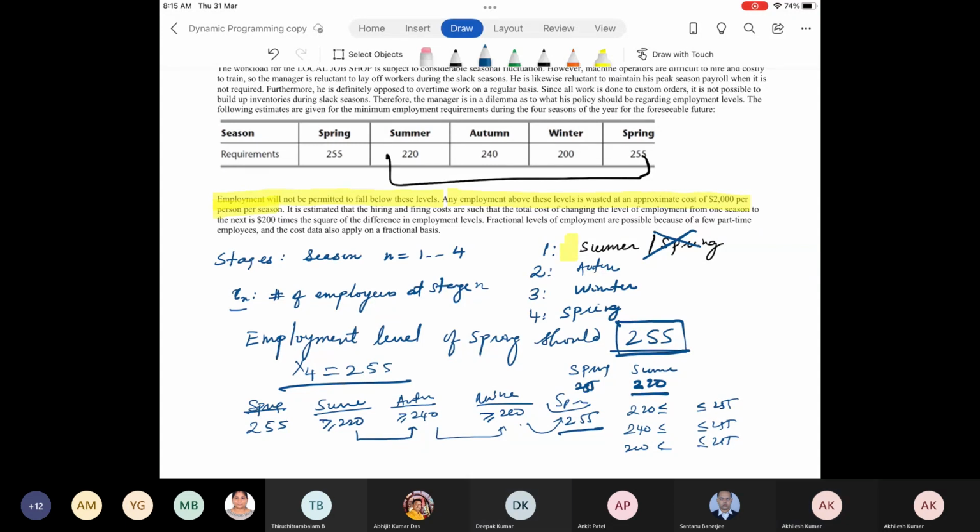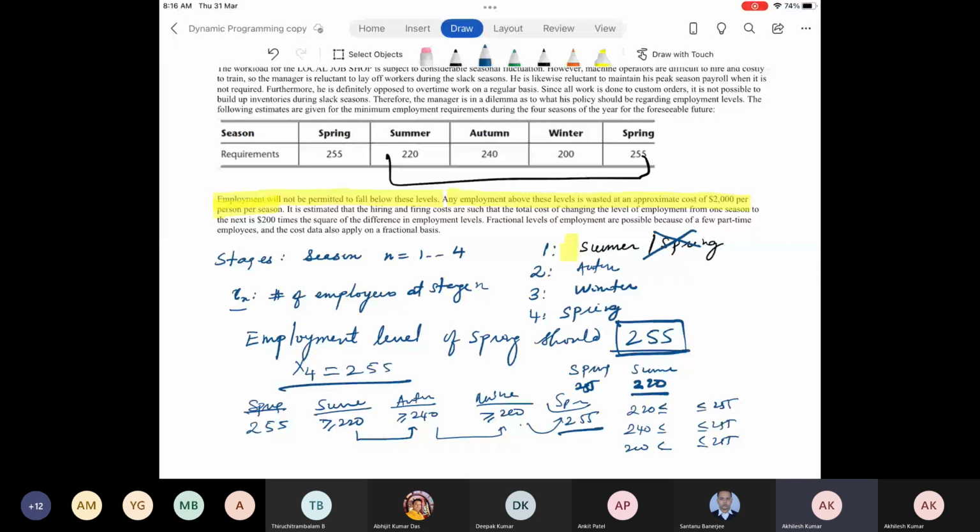So that helps me, given you being that manager and you know that any employment above 255 will be wastage for me and it is not helpful also. If I keep more than 255 in spring, it is not going to help me in summer, autumn or winter.